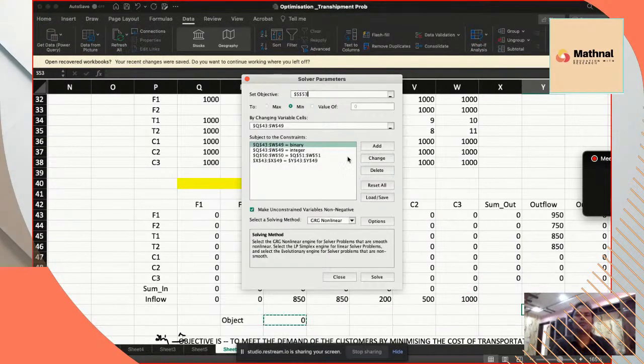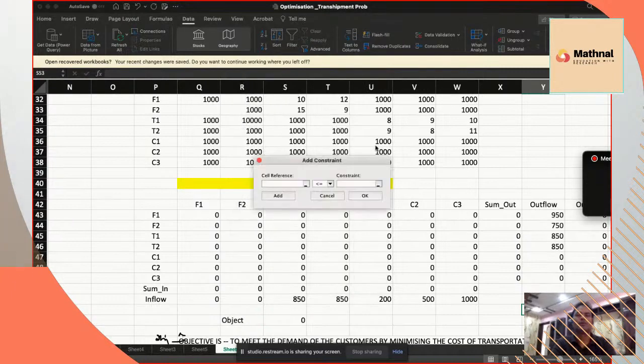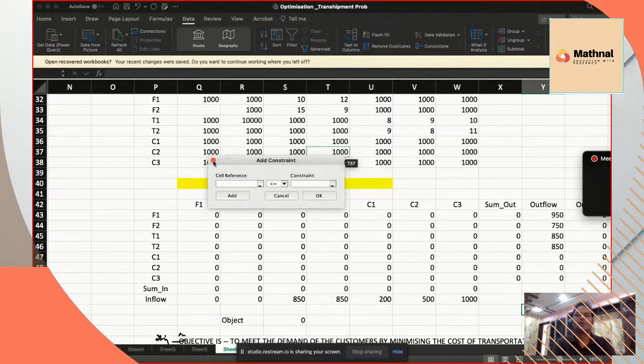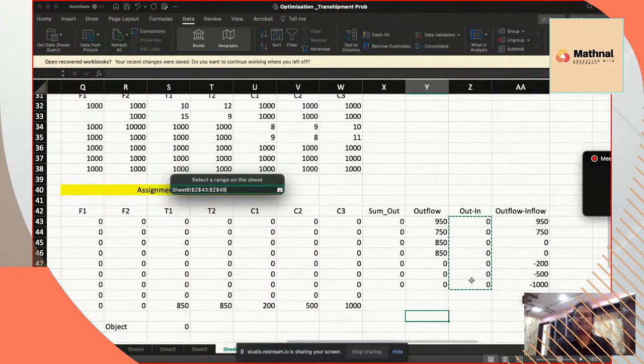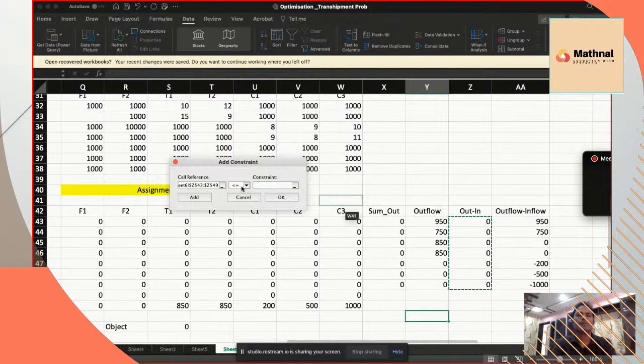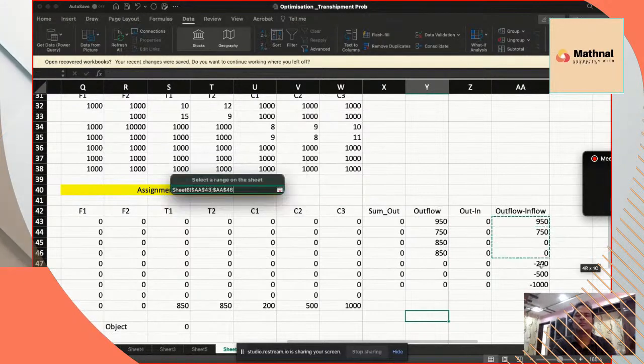And we have to add one more constraint, that is our out minus in has to be equal to this.